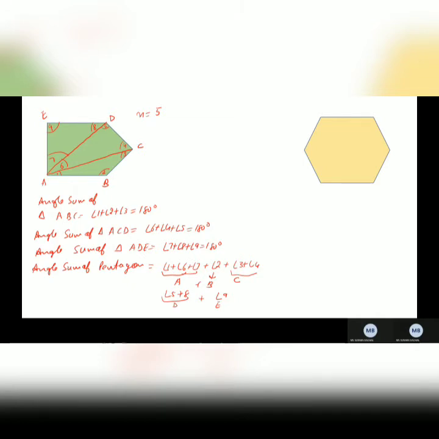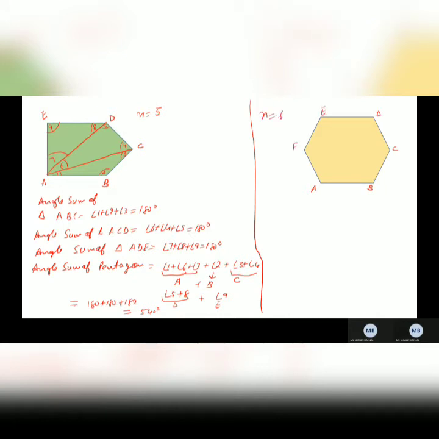You will get the sum of all these angles, and it will be equal to 180 plus 180 plus 180. That will be equal to 540. So now similarly, in the next, you can see this is a hexagon A, B, C, D, E, F.